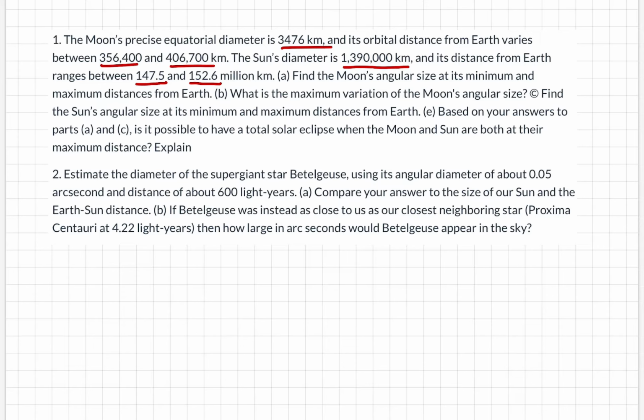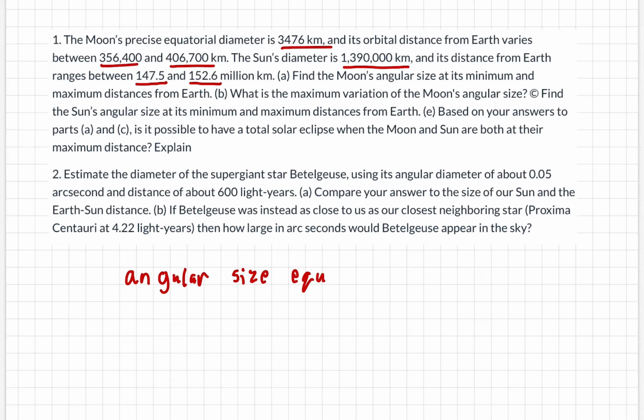And finally, I'm going to segue to that one key equation that I hinted at a moment ago. You're using this equation in all parts of both problems, 1 and 2. So what is that equation? Well, it's the equation for angular size. We'll call this the angular size equation.